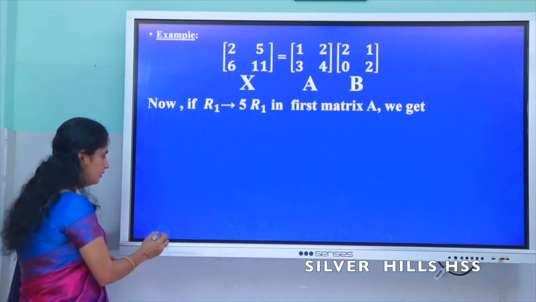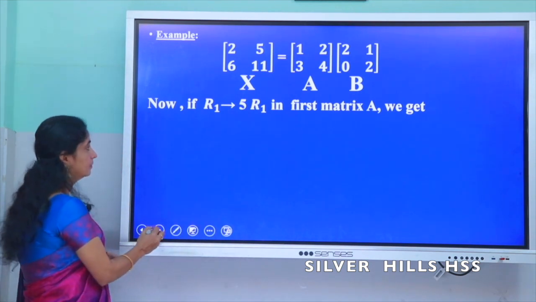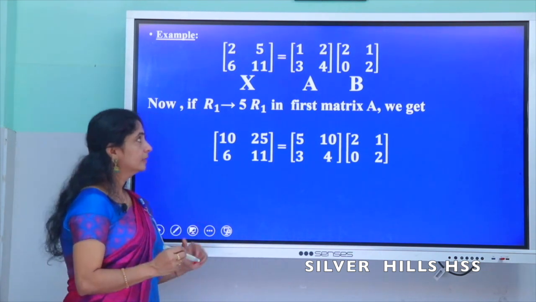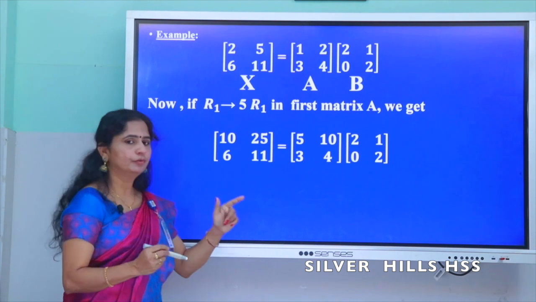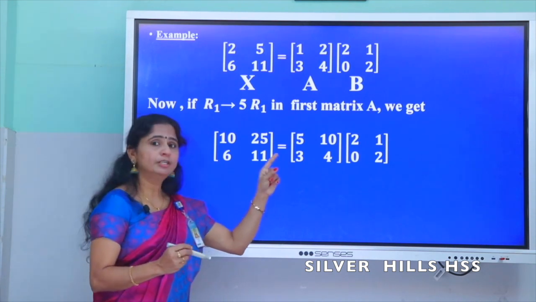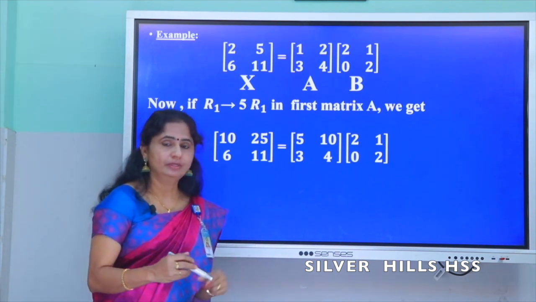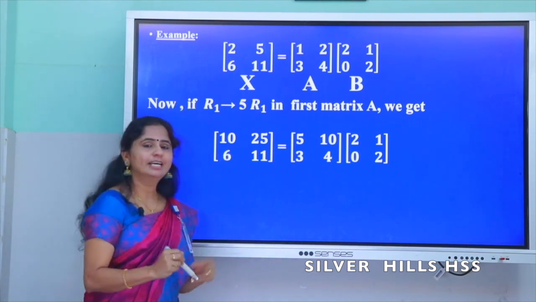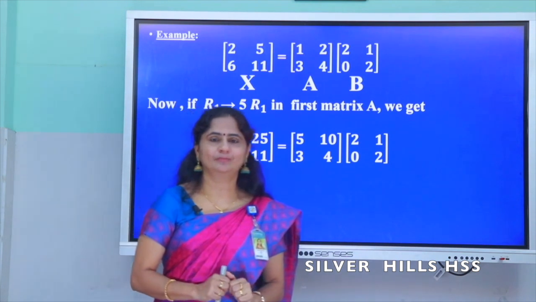So when the first row is multiplied by 5 in the matrix A, it becomes 5, 10, 3, 4 multiplied by 2, 1, 0, 2. It will give us the product on multiplication. We get 10, 25, 6, 11.